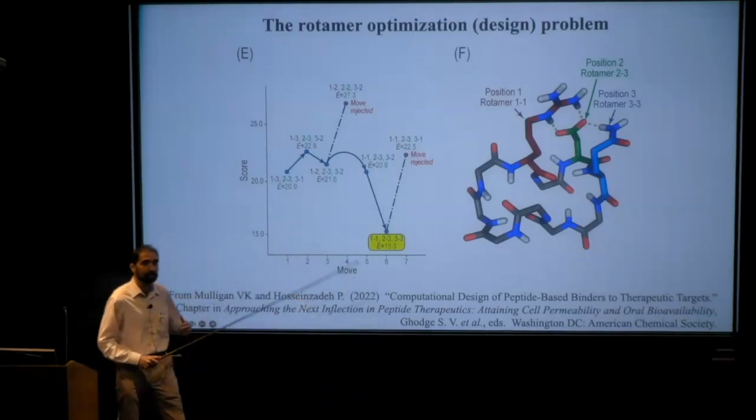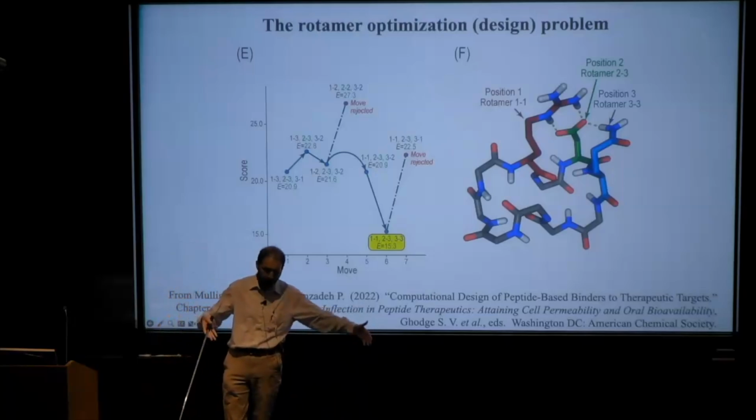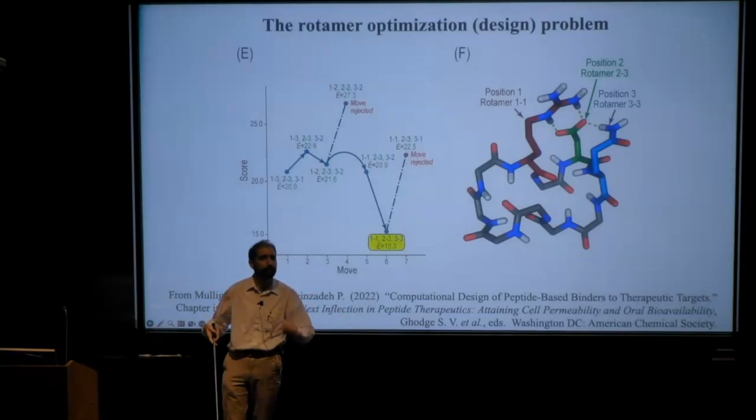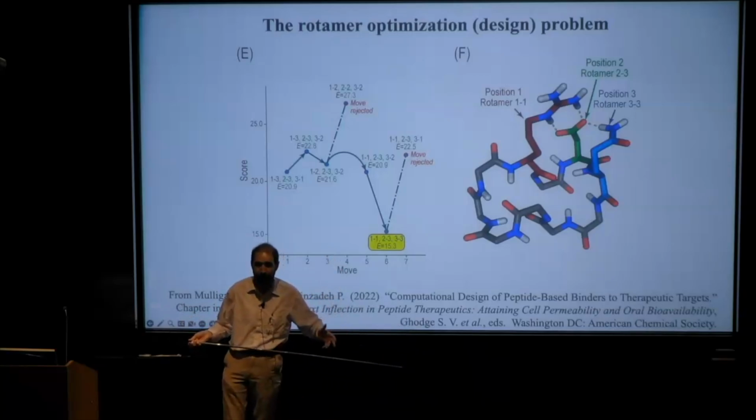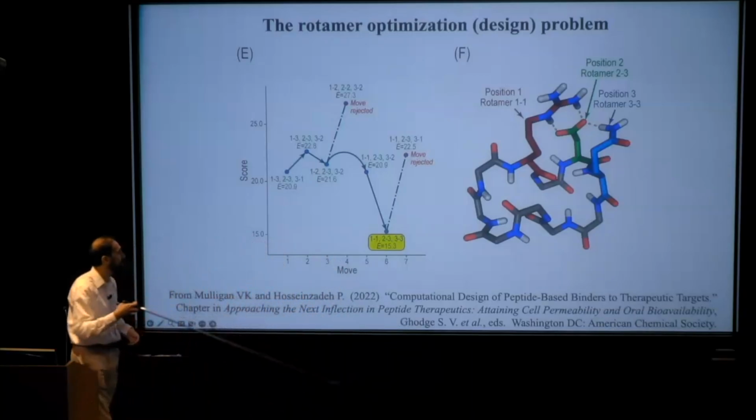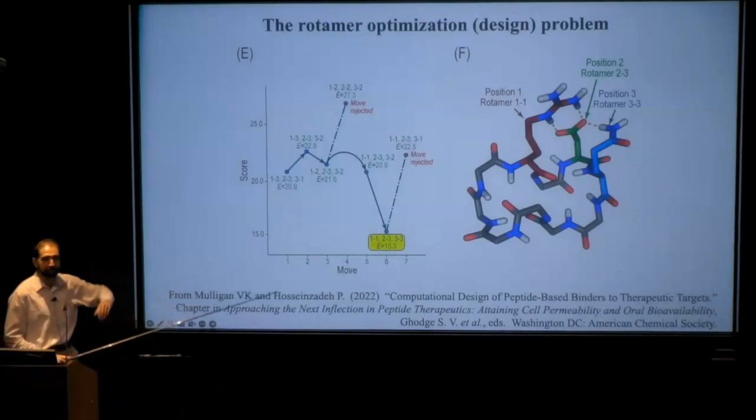And our moves are basically just start with a random selection of rotamers, substitute one rotamer for another at a position, update the energy based on your pre-computed one-body and two-body energies. If the energy goes down, accept the move. If it goes up, accept or reject it with conditional probability dependent on the amount by which it's gone up.